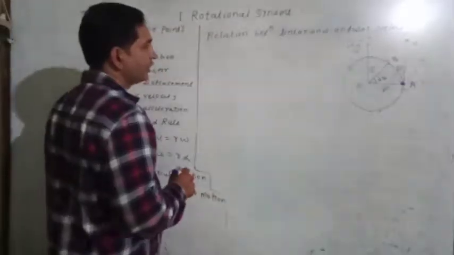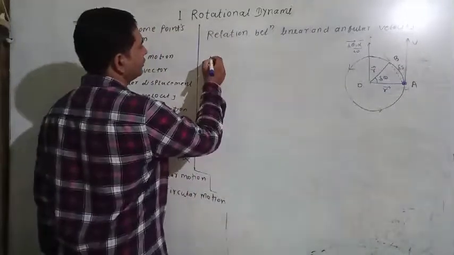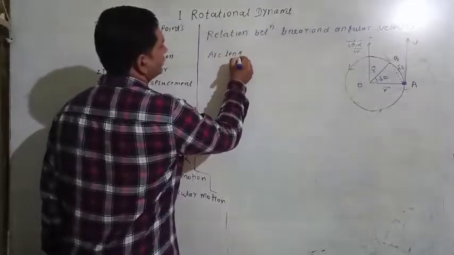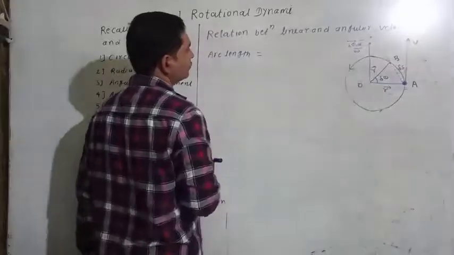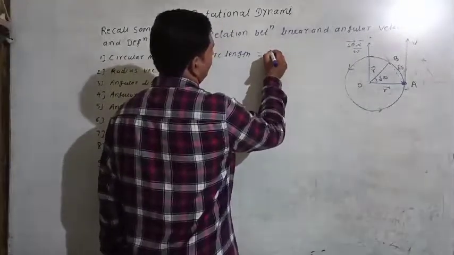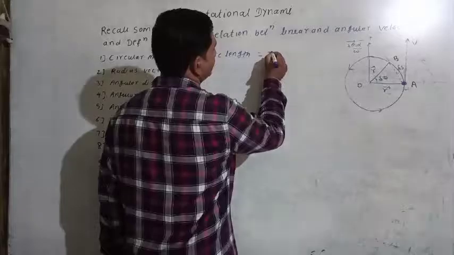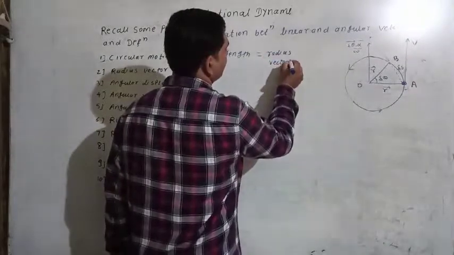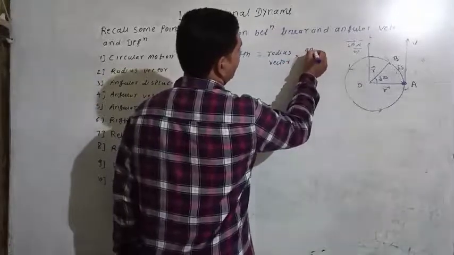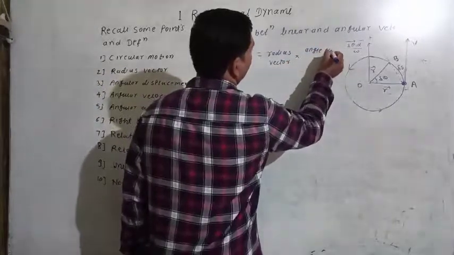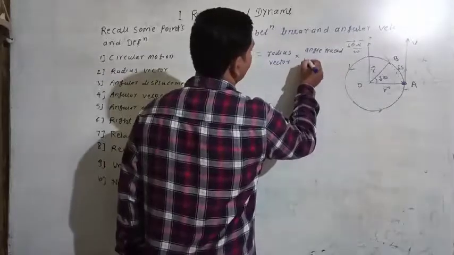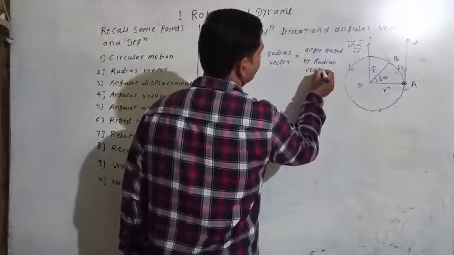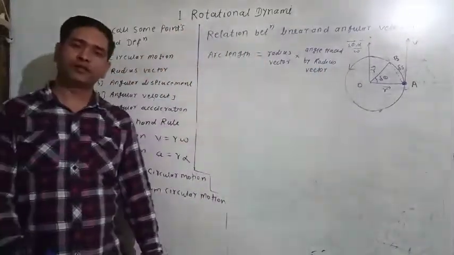According to the definition of angular displacement, the arc length is equal to the radius vector into the angle traced by the radius vector.